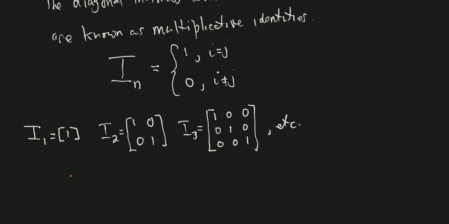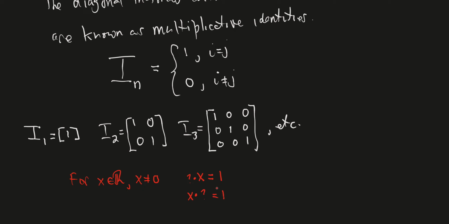For x, any real number that's not equal to 0, if I give you that value x and ask you, what could I multiply this x by in order to get the multiplicative identity?